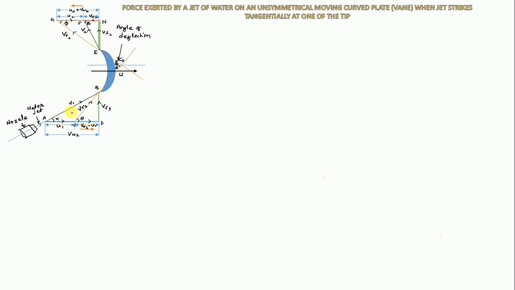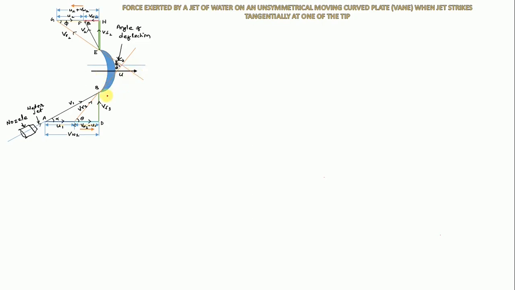Here the velocity of jet V1 strikes at tip B. That means there are two components, VW1 and VF1. VW1 will try to move this blade in this direction, and we have to find how much force is applied to move this blade.